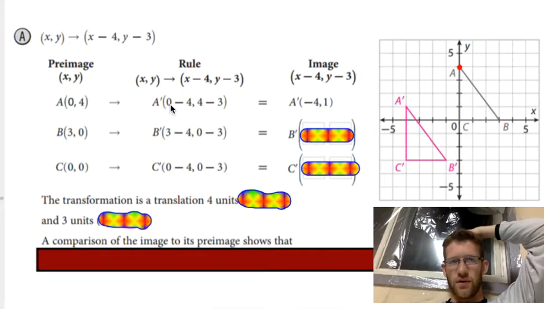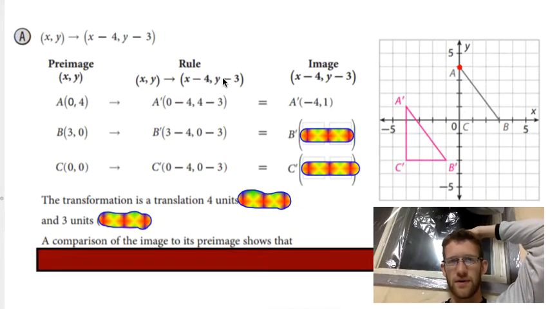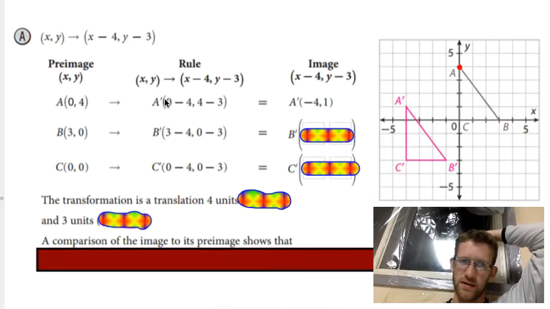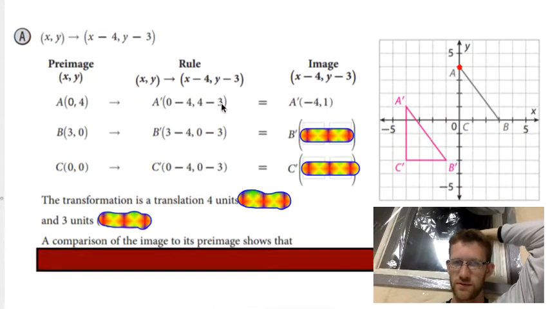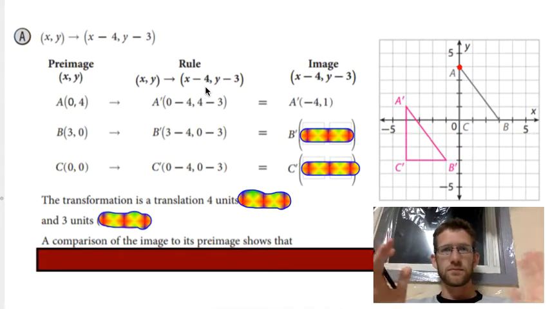We're going to subtract 4 from the x value, so 0 minus 4. And then we're going to subtract 3 from the y value, so that's 4 minus 3. Note here we keep our comma, and we basically just do this little math equation left of the comma, and this little math equation right of the comma. Very similar to the midpoint formula.